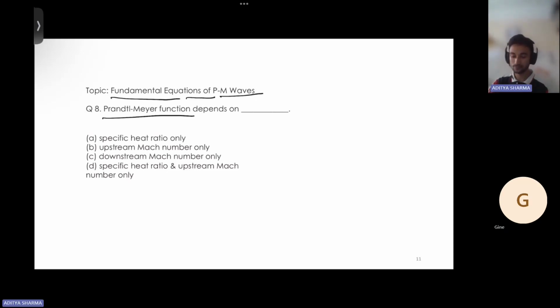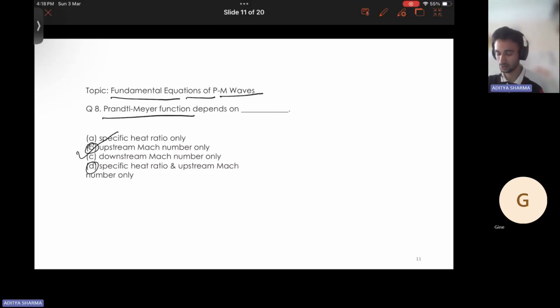B or D? This one or this one? B. This one. Yes, B. Upstream Mach number only. Okay.